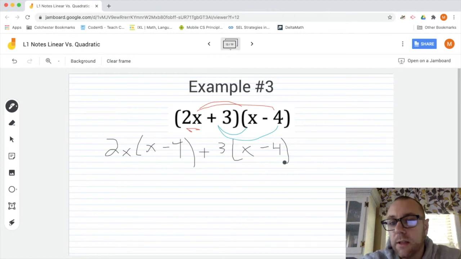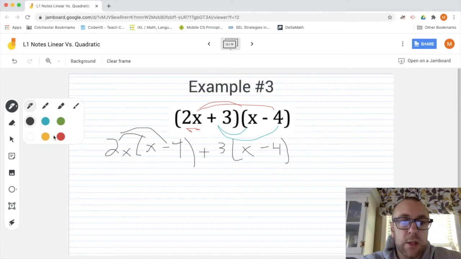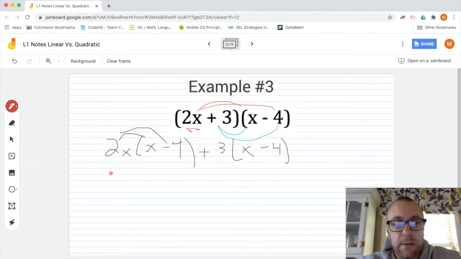Some people refer to this as FOIL. I refer to this as a double distributive. So all I'm going to do is distribute this 2x in. And just like we talked about in the previous example, 2x times x adds an exponent.